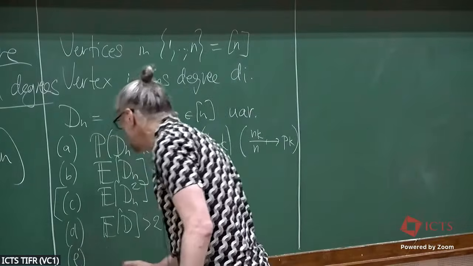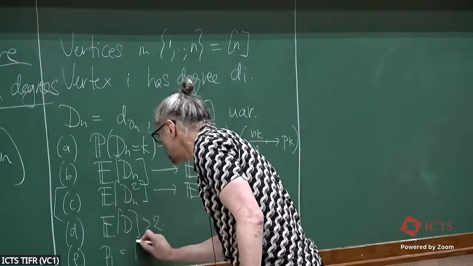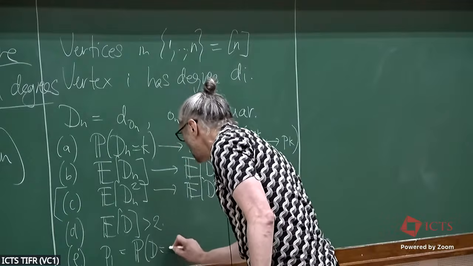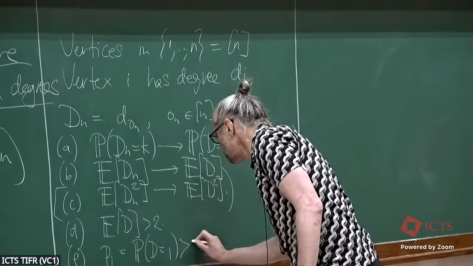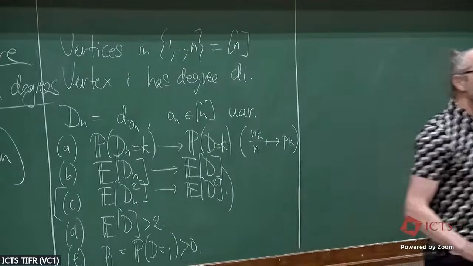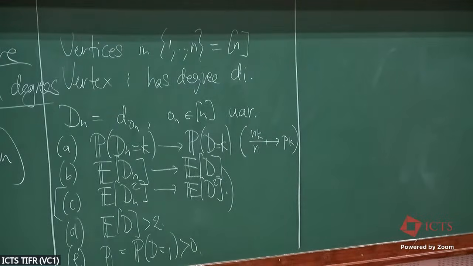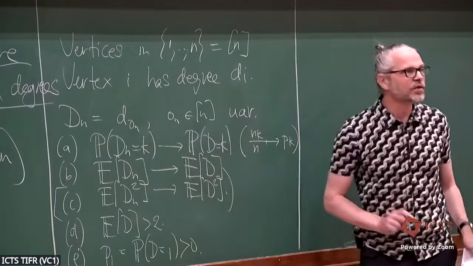The last condition is that p_1, the probability that D is equal to 1, is strictly positive. That turns out to be very relevant, because if this is not satisfied, then the graphs are quite likely to be connected. That's an easier regime, and we'll say something about that later. So that's the setting: a sparse setting, with a nice degree distribution that converges.